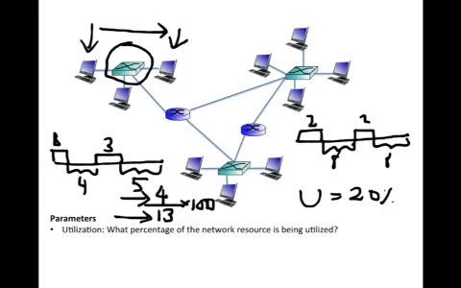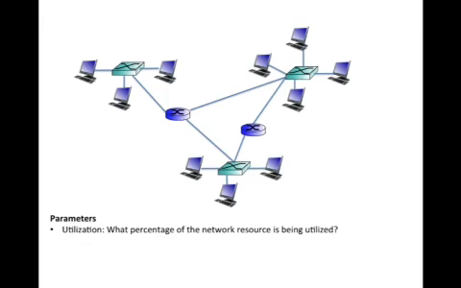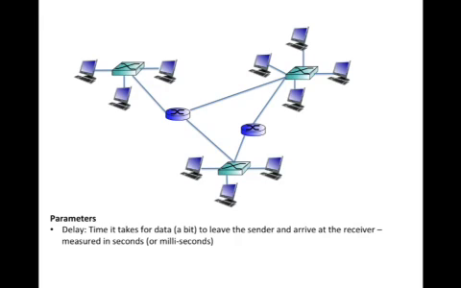And the final parameter which we want to understand is delay. Delay represents the time it takes for data to leave a sender and arrive at the receiver. So once again, if we consider the simple example of this computer trying to transmit to a computer that's directly connected through the switch, that delay represents the time.